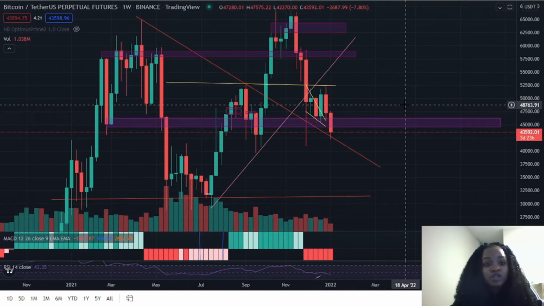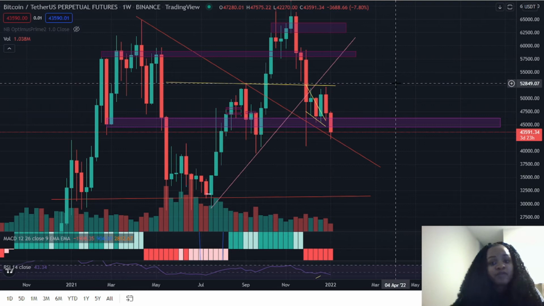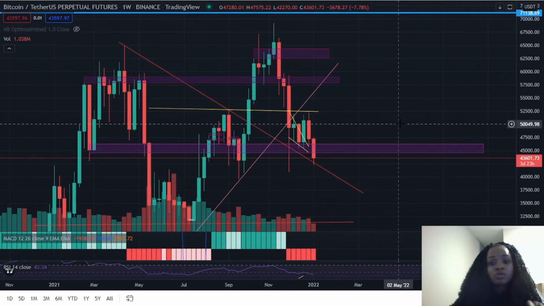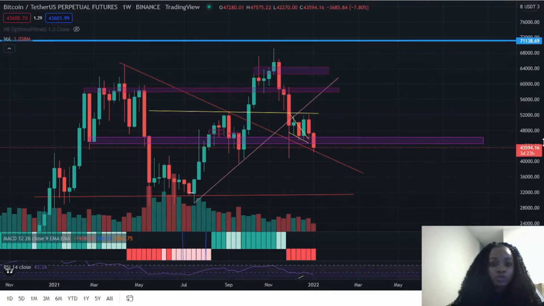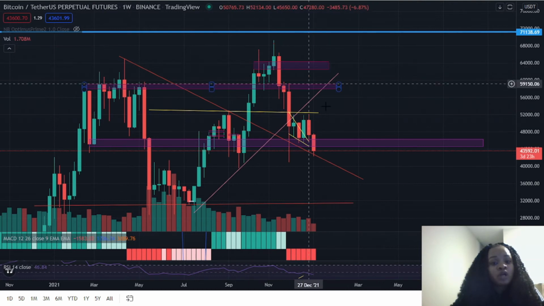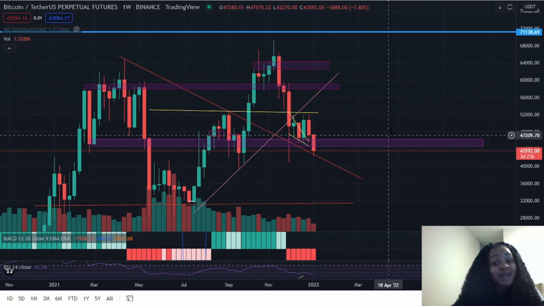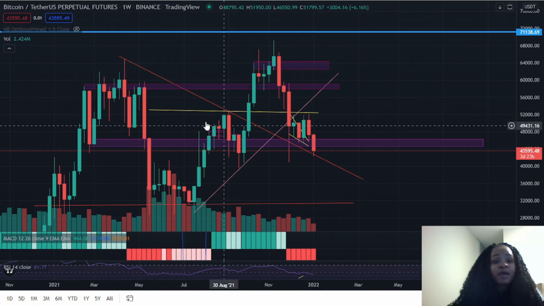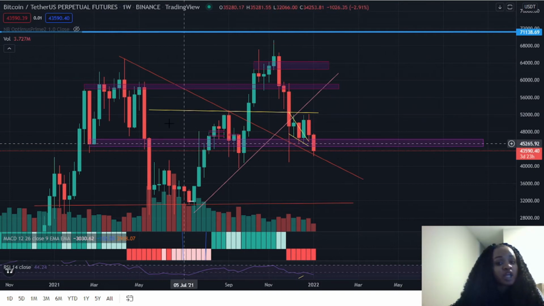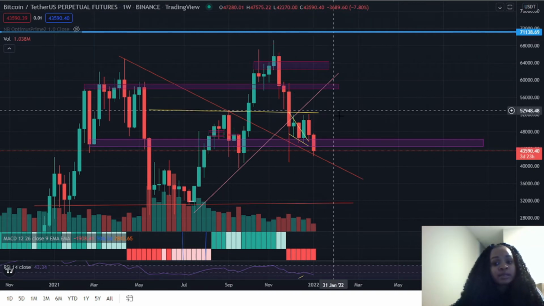It's still important though to keep track of the weekly time frame support and resistance, because the price always seems to obey those support and resistance more. So this means that if you draw a support and resistance line on the weekly time frame, okay, and then you draw a support and resistance line on the daily time frame, you want to make sure that you always check where the price is right now.